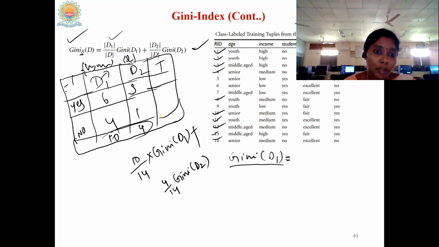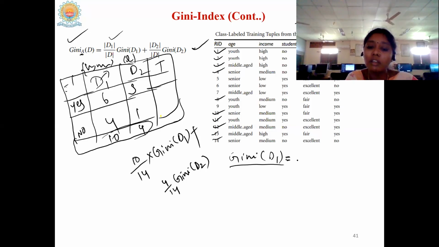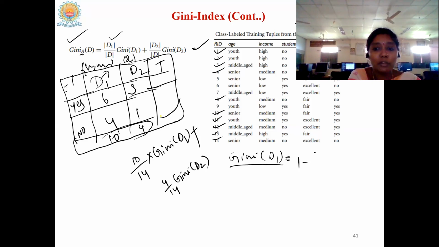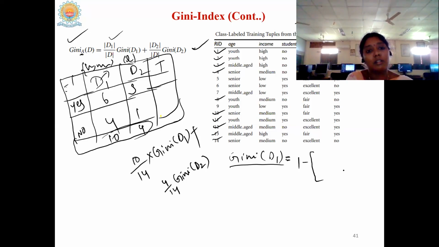So based on this data, we are going to calculate the GINI indexes of D1 and D2. So now tell me how to write here. GINI index of D1 based on this formula: 1 minus. How many terms do I have to expand? How many labels are there? 2, yes and no, same like the previous case. 2 labels are there, so I need to expand twice.